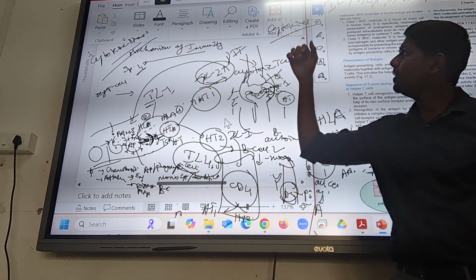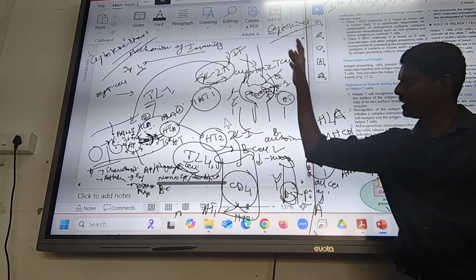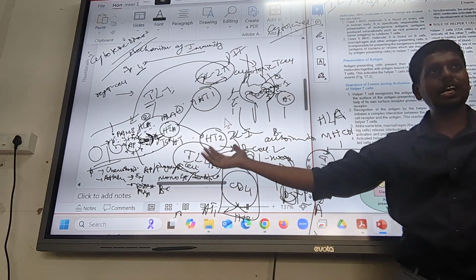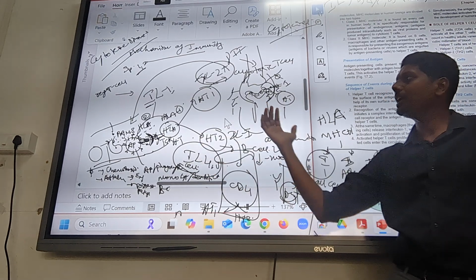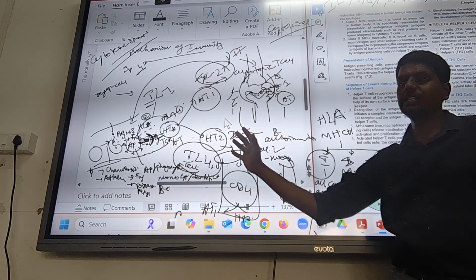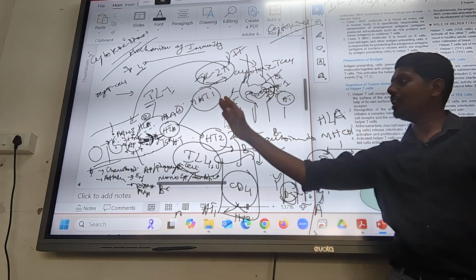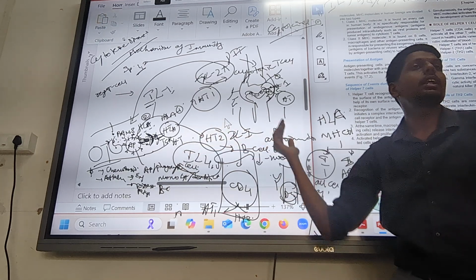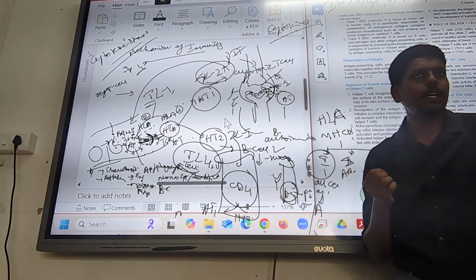Yeah. So now we are understanding the deep mechanisms of cells and their interactions, the way cytokines communicate, autoimmunity, and self-identifying systems such as MHC1 and MHC2. Clear?